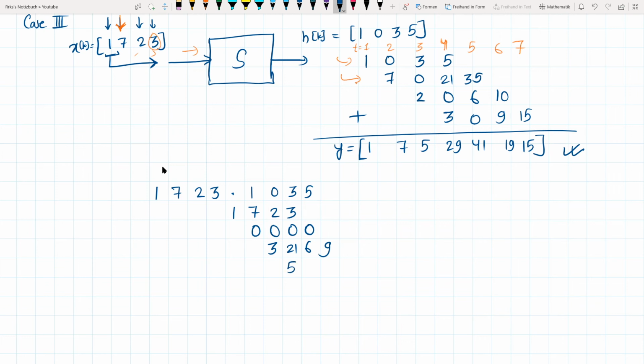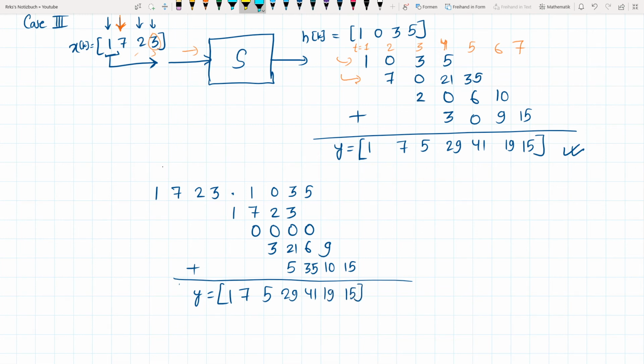So 5 times 7 is 35, 5 times 2 is 10, and 5 times 3 is 15. So here you have that, and now you add it up. So you are getting your output as 1, 7, 2 plus 3 would be 5, and here is 29, 41, 19, and 15. You see, we are getting the same thing as an output. It should be the same because basically it's the same operation.